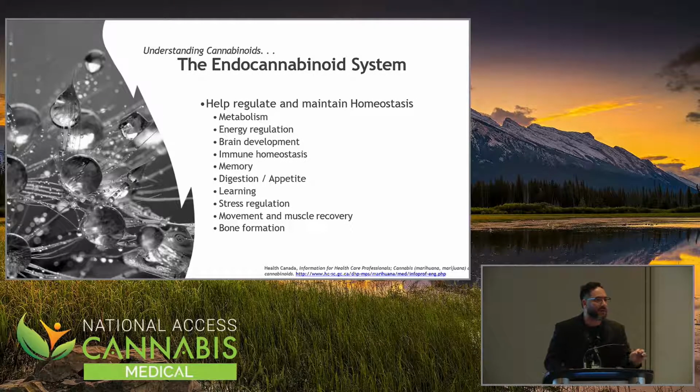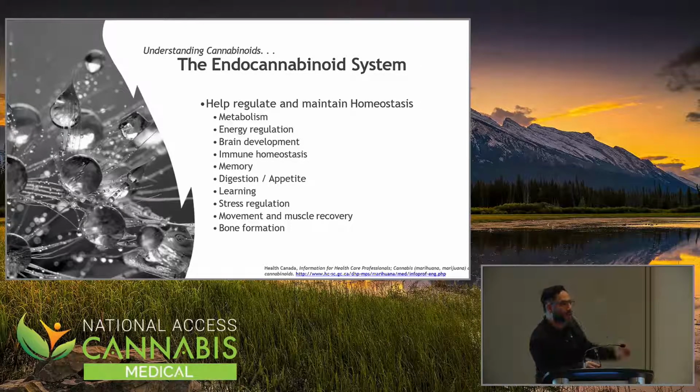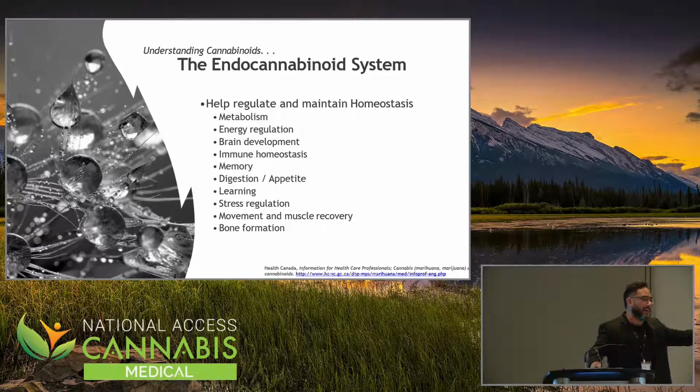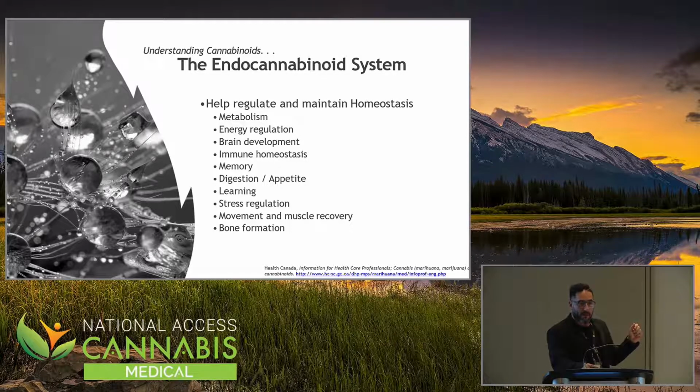But in here is where one of our issues lies when it comes to prescribing and using cannabis. If it affects every system within our body, and we have receptors from our head to our toe, and I'm telling somebody to take an exogenous, outside our body, cannabinoid, I can't tell it where to go, right?